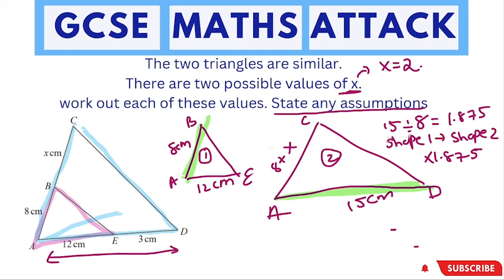Okay, so I'm just going to quickly highlight that. Okay, so what I'm going to do is I'm going to do 8 times 1.875, and if I times those two together, I should get 15.